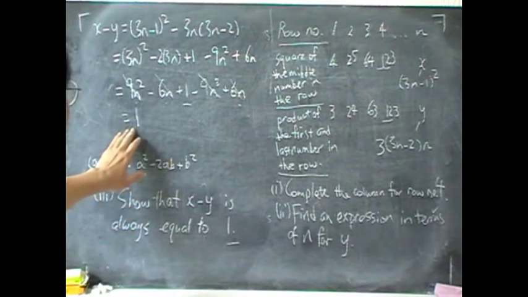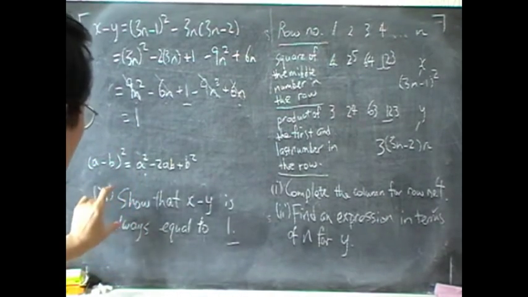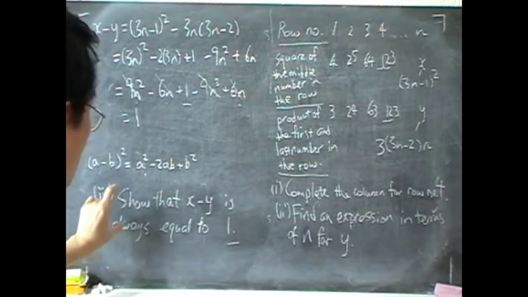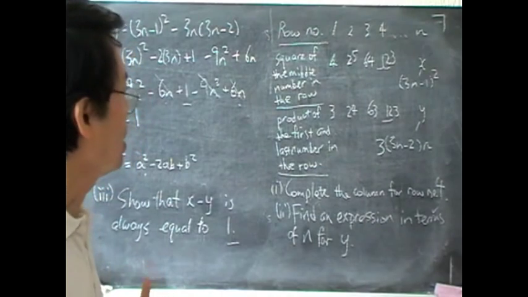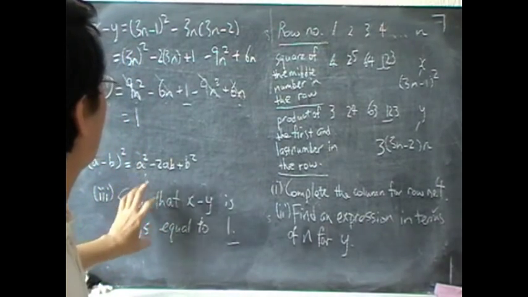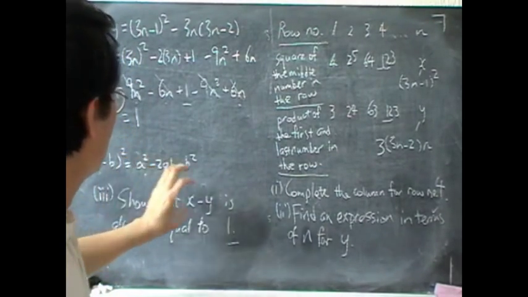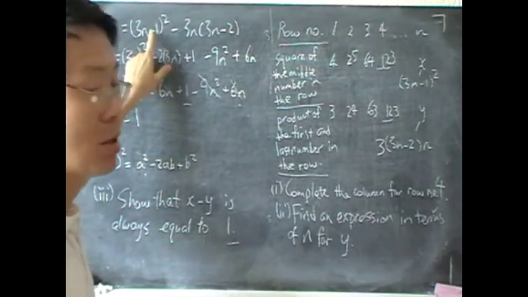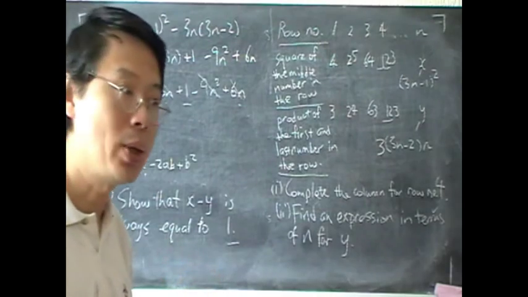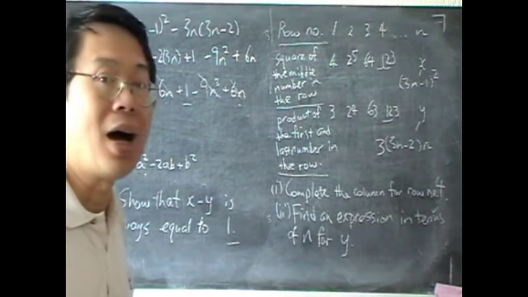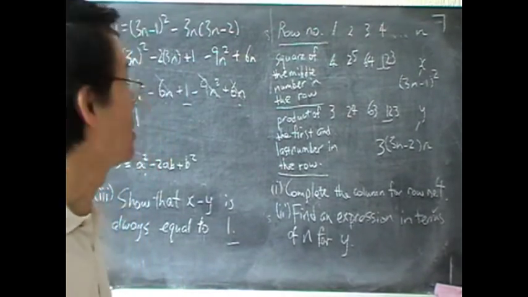What this means is that when we say that x minus y is always equal to 1, it is equal to 1 for any values of n. It does not mean always as in for any other questions as well.